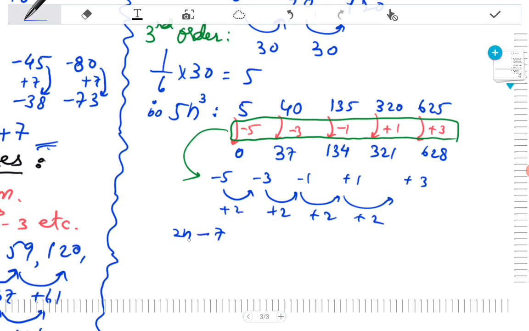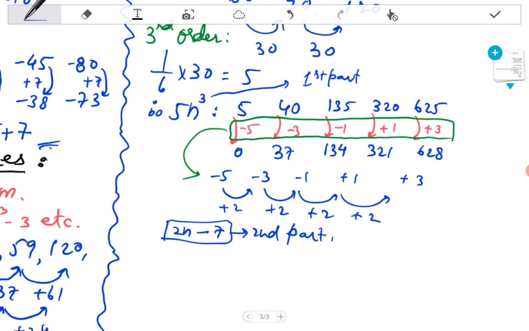So try in the next one also. If you take n as 2, it becomes 4. When you subtract 7 from it, it comes minus 3. So this is the second part of the formula. And this was the first part.